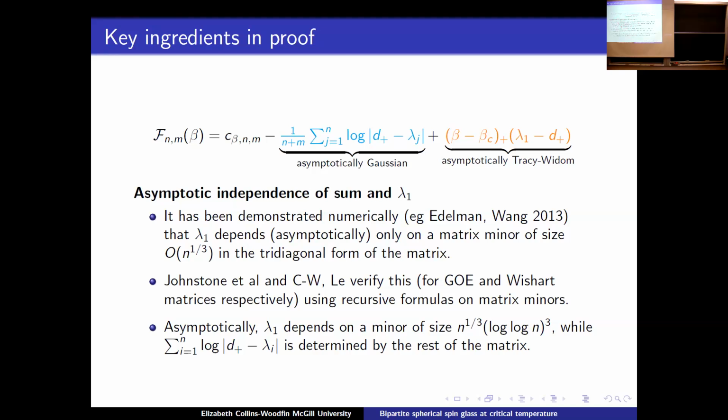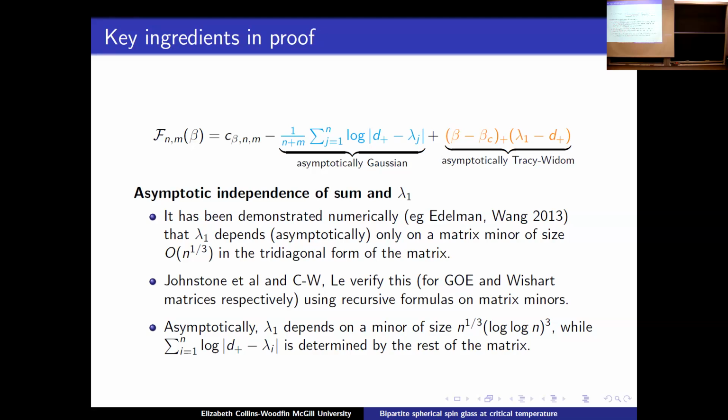And when you look at this tridiagonal form, it's observed numerically that the largest eigenvalue actually depends only on a matrix minor of roughly n to the 1/3 size. So you have this big matrix, and then you just take the small corner, and from just the entries of that small corner, you can determine the largest eigenvalue asymptotically. But we didn't see a rigorous theoretical explanation of why this is the case.